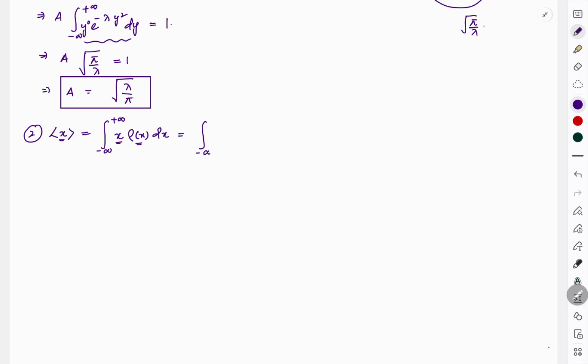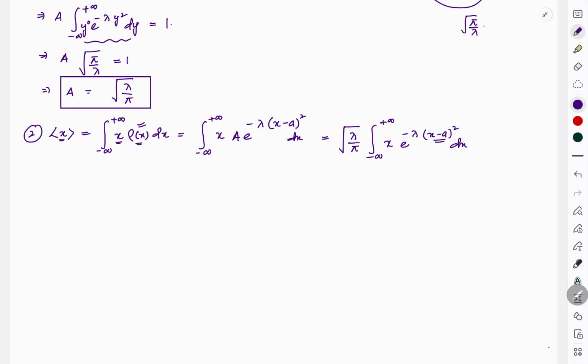So let's put directly the integral from minus infinity to plus infinity of x; in place of rho of x we have given A e to the power minus lambda (x minus a) whole square dx. Now A is a normalization constant. We already calculated it. Let's put it outside: root of lambda divided by pi, integral from minus infinity to plus infinity of x e power minus lambda (x minus a) whole square dx.